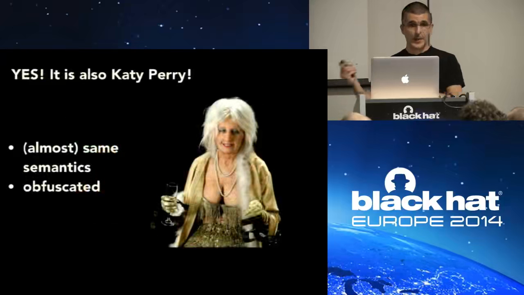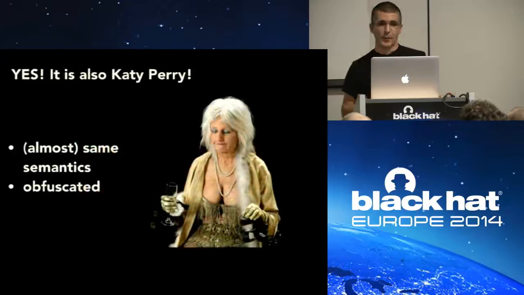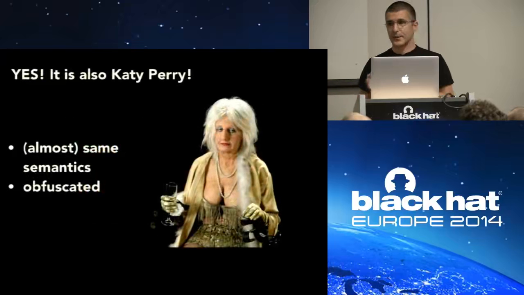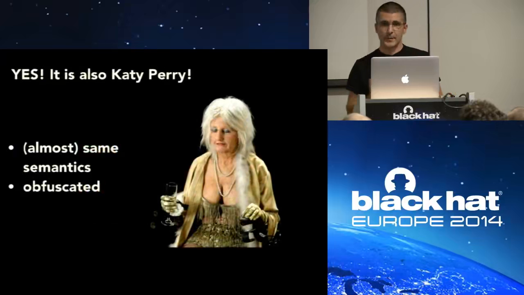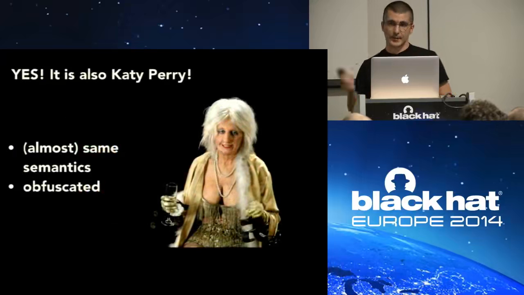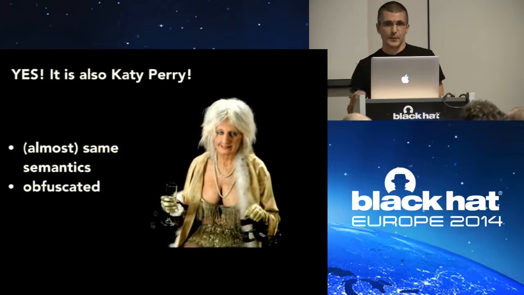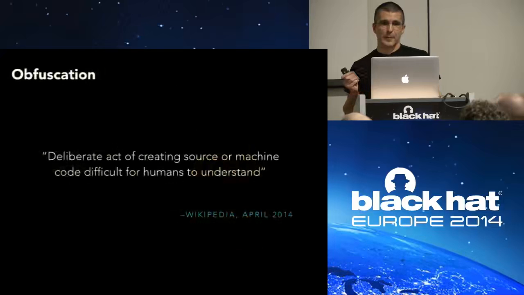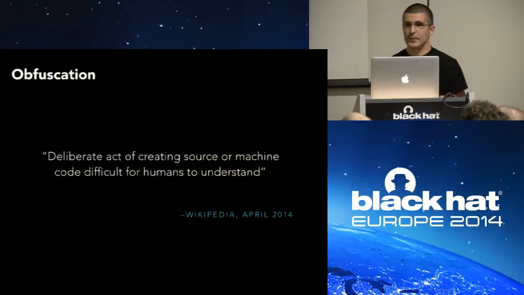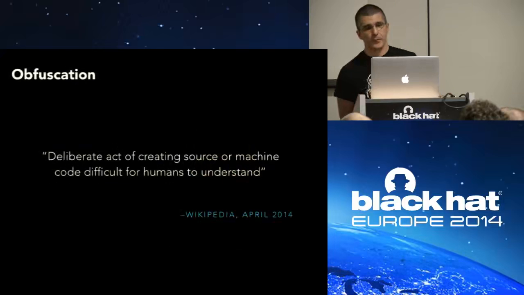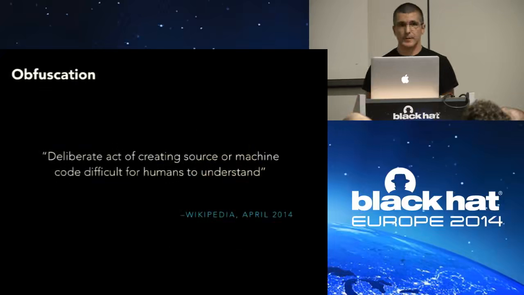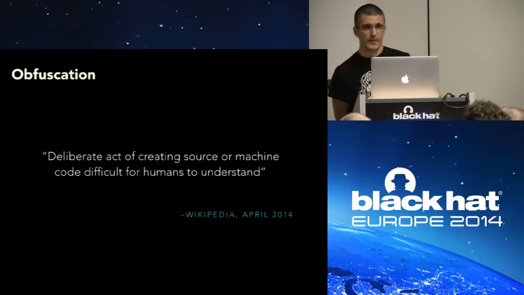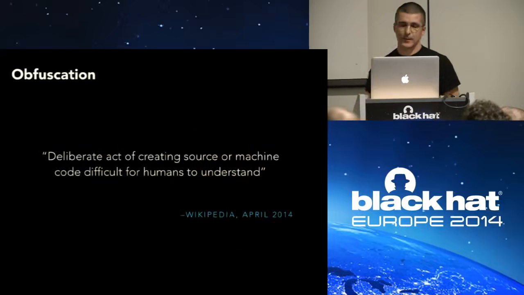It's still Katy Perry. It has almost the same semantics, almost the same behavior. Perhaps it's a little bit slower, but it's still Katy Perry. It's an obfuscated Katy Perry. More formally, obfuscation is a deliberate act of creating source or machine code difficult for a human to understand, for a human and not for a computer.